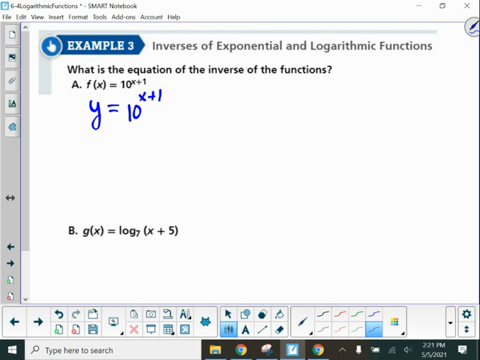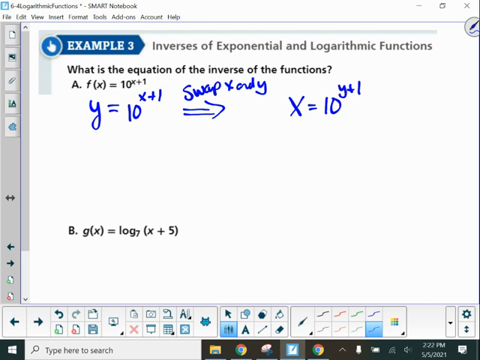Now that it is in a format where it has the letters x and y, we are going to swap x and y. So I have x equals 10 to the y plus 1 power. And then I have to go through and get the y by itself to get the actual inverse equation.